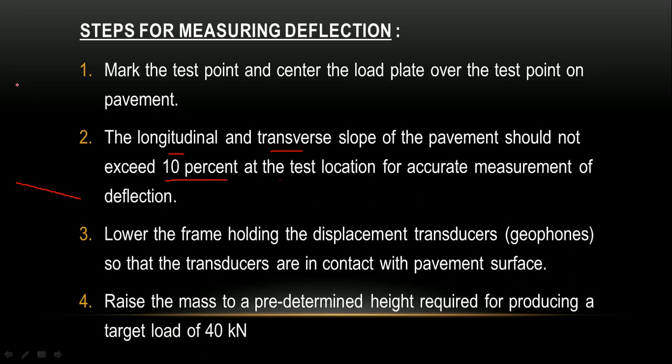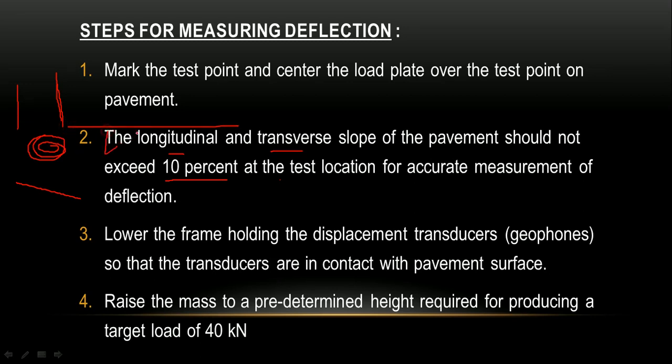Then what we have to do, I will show you the schematic representation, the entire loading frame is lowered. You have to apply the load with the help of the circular loading plate. So I have to lower the entire loading frame and the geophones are placed.